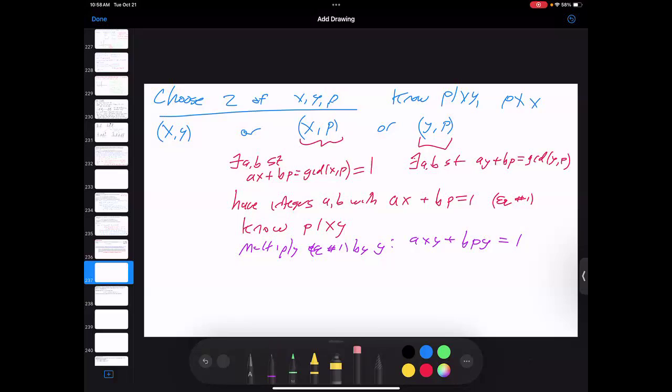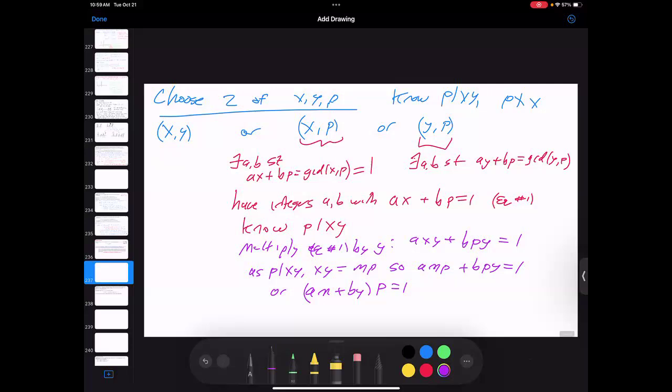And now we use what was mentioned earlier. As P divides XY, we have XY equals MP. So we get AMP plus BPY equals Y, or P times (AM plus BY) equals Y. Oh, I'm sorry, the left-hand side is not 1.